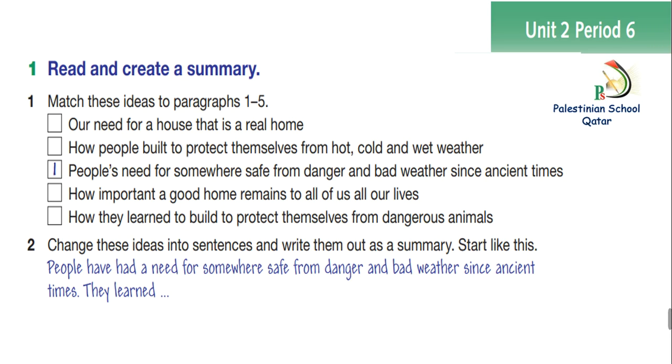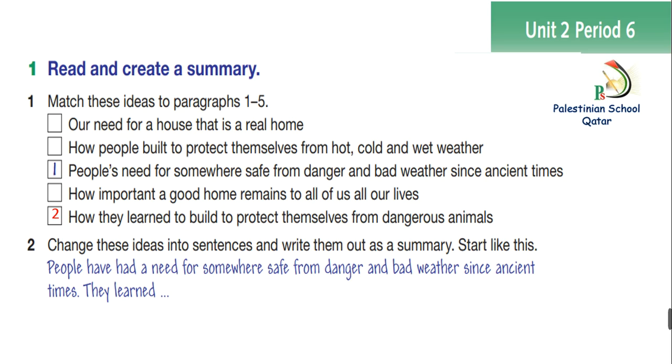But let's order them. The first one is people's need for somewhere safe from danger and bad weather since ancient times. What is the second sentence? Okay, the second one is how they learned to build to protect themselves from dangerous animals.